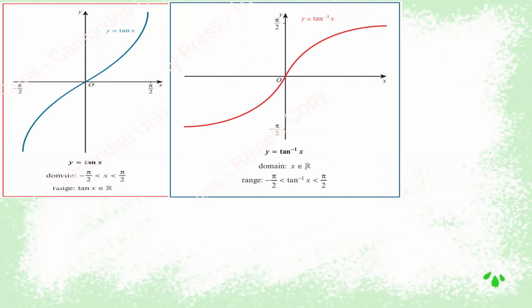Domain is x belongs to real numbers. Remember that the amplitude of tan has no limit. It is infinity because it's going up, going down. So that's why they say simply x belongs to real numbers. That changes into the domain, okay?